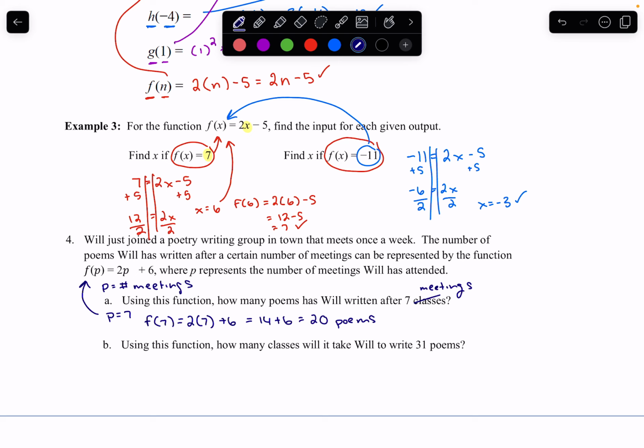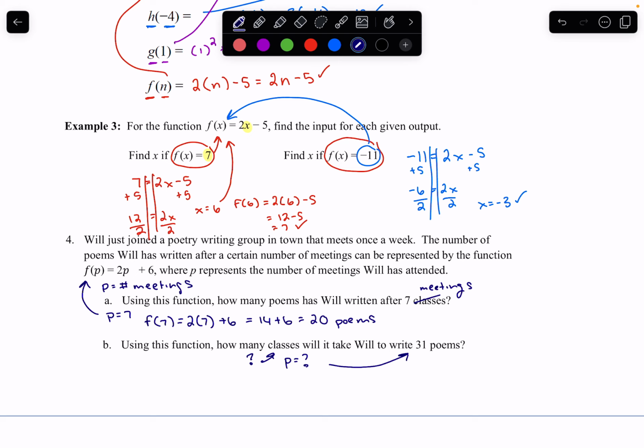Okay, part B says, using the same function, how many classes will it take for Will to write 31 poems? So in this one, the number of classes is what I'm looking for. I'm looking for P. I don't know what it is, but I do know that whatever P value is, I want to end up with 31 poems.